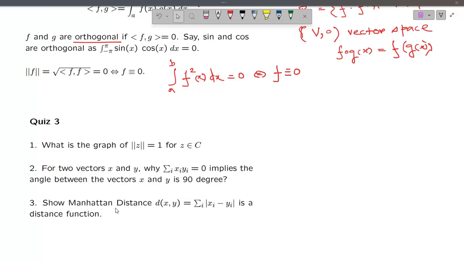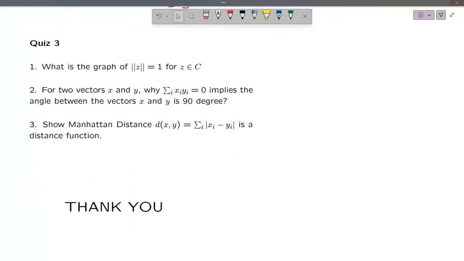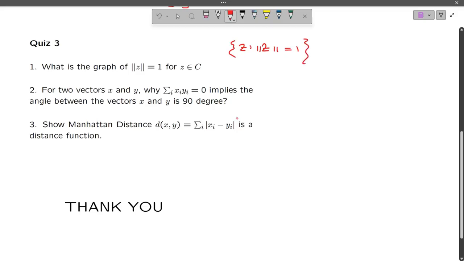So now let us do a small quiz. What is the graph of norm of z equal to 1 for z belonging to the complex set? So I want to see the graph of z such that norm of z equals 1.